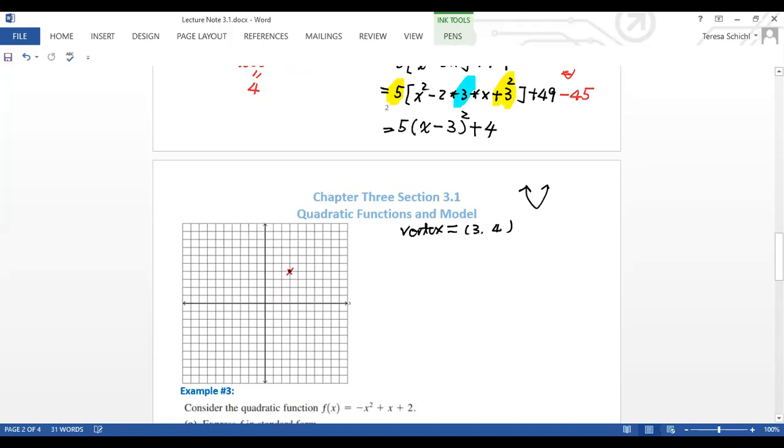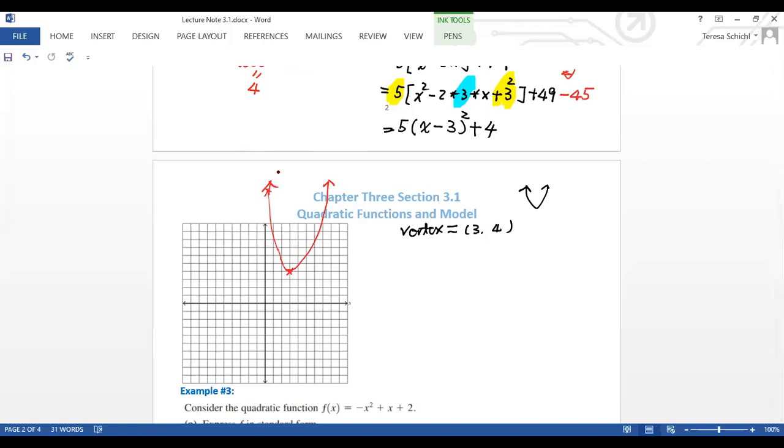So this is 4, and then it opens up, like this. There is no x-intercept, right? So that's why the minimum value here is 4, correct? Because it is opening up, okay?